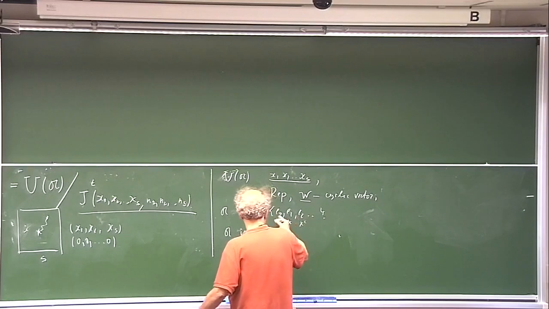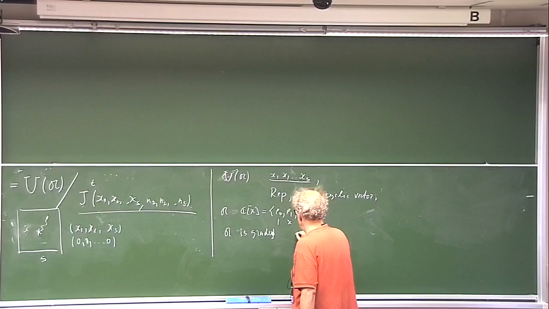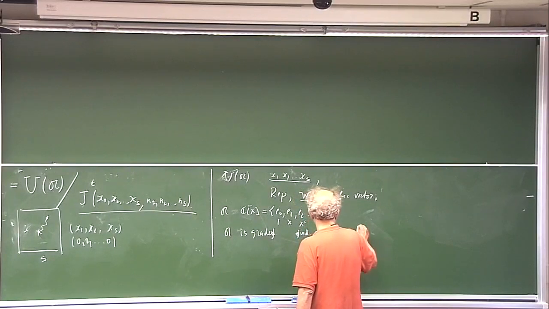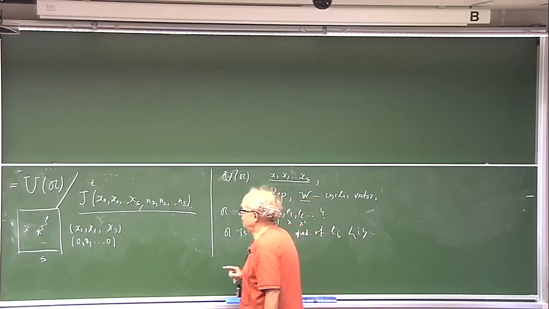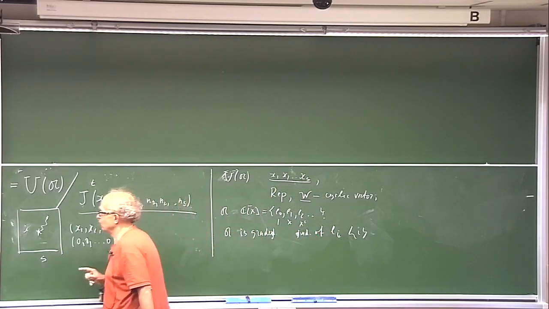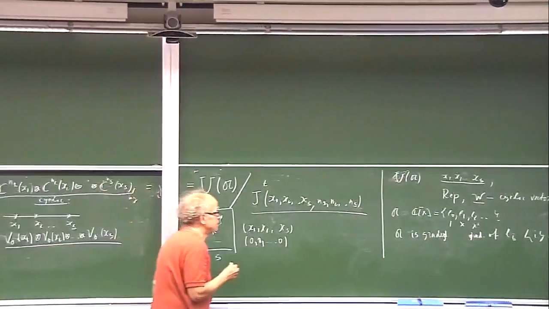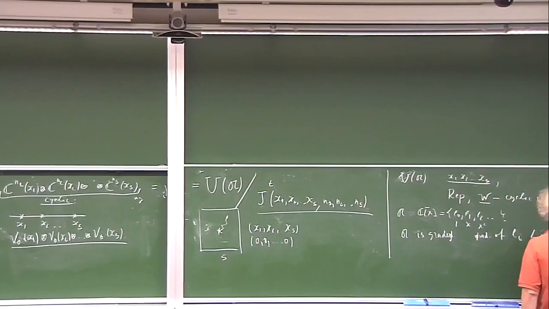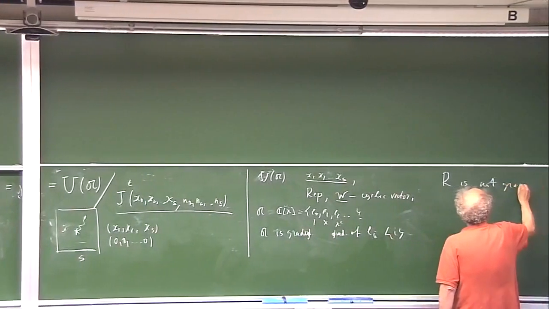No, grading is just this, grading of EI is equal to I. But our representation R, which in this case is not graded.